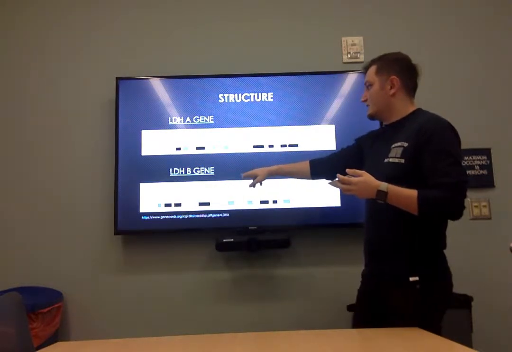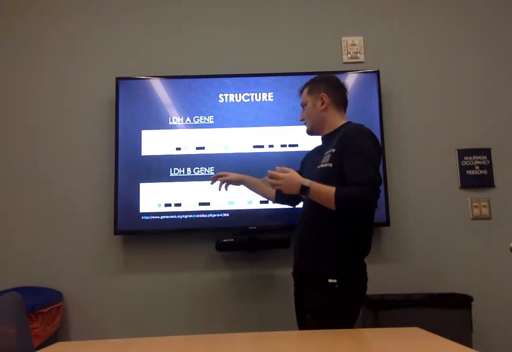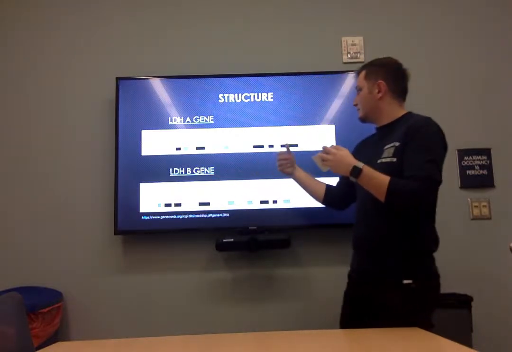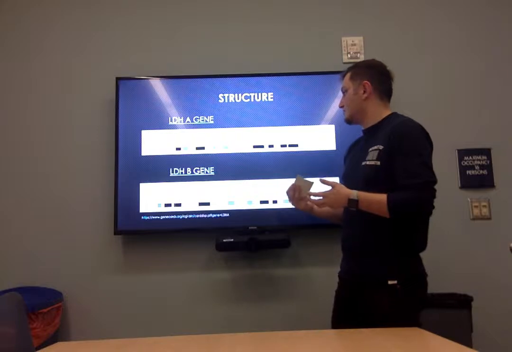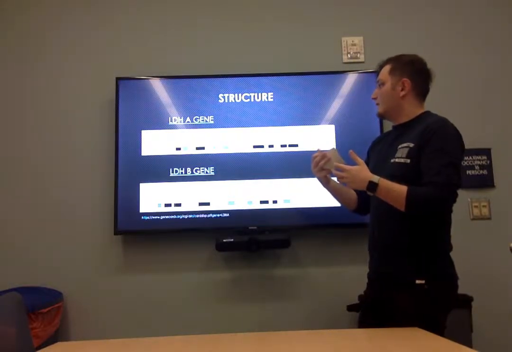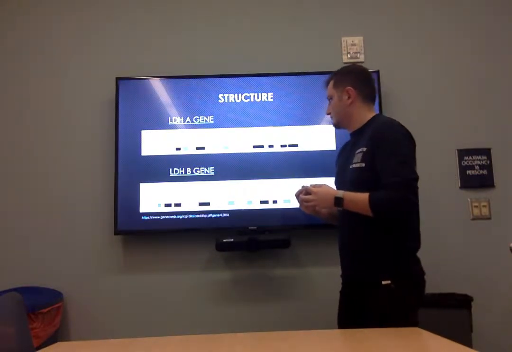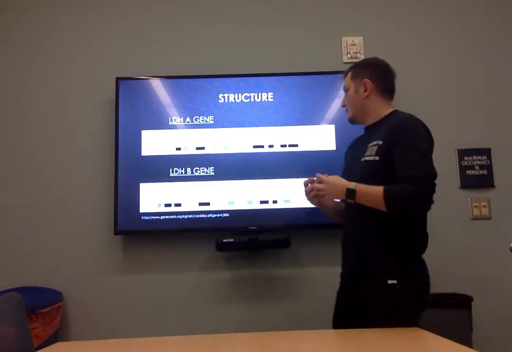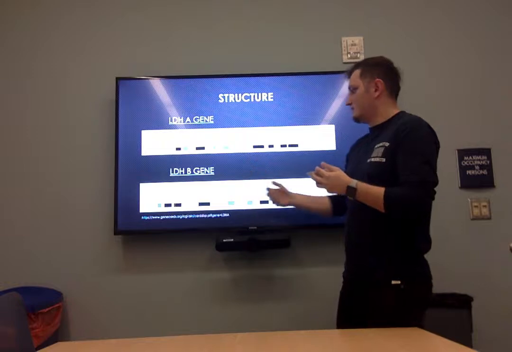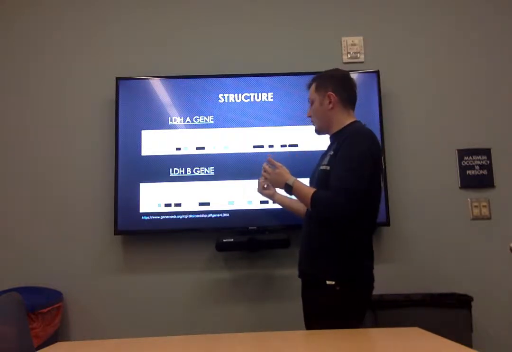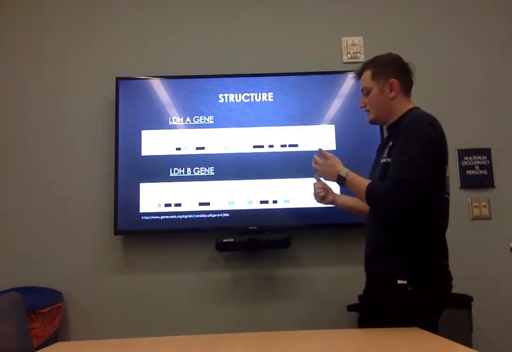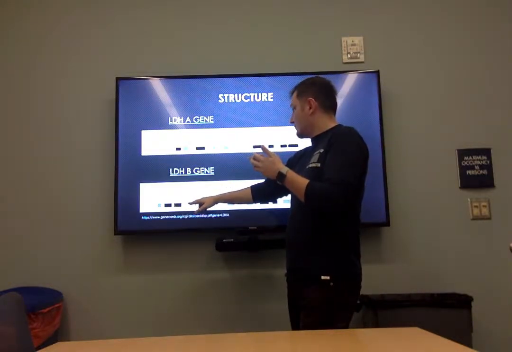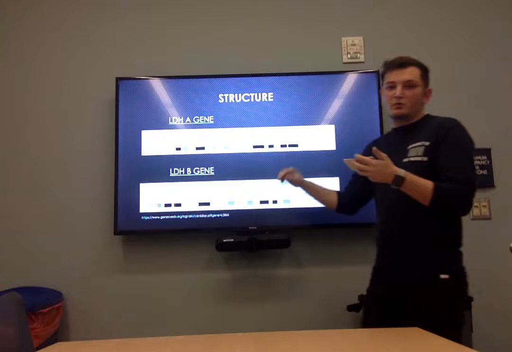And down here we have the LDHB gene that makes the H chain, or H subunit. This gene is found on chromosome 12, short arm p, region 1, band number 2 and subband number 1.